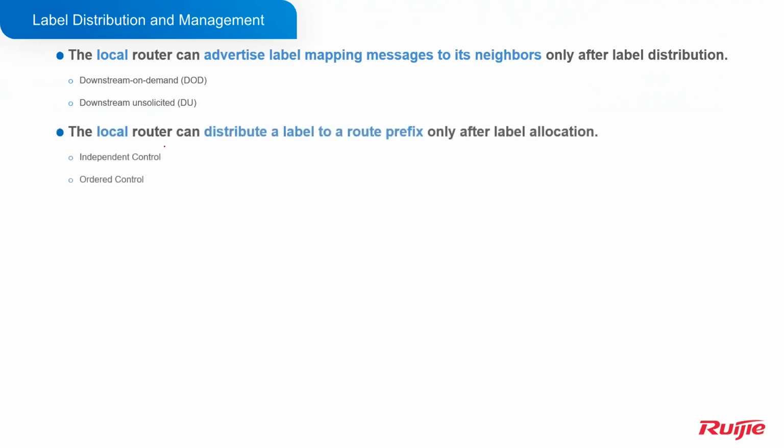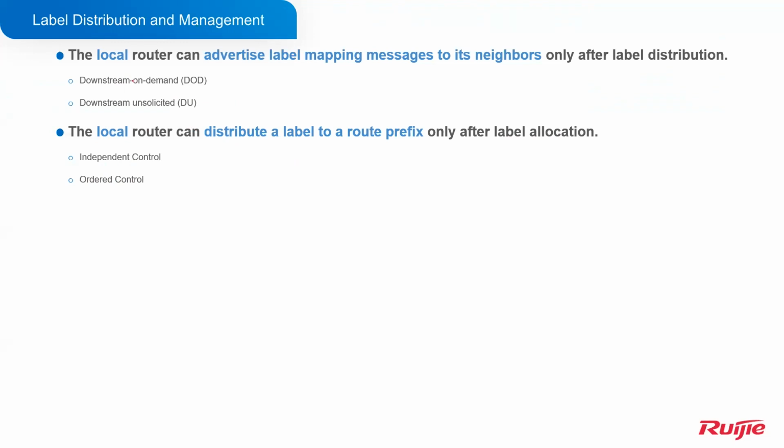And the local router can distribute a label to a route prefix only after the label is allocated or not. We will have independent control or ordered control. And what is the difference? After we assign the in label, we also have to advertise the in label to my upstream neighbor to become its out label, right?